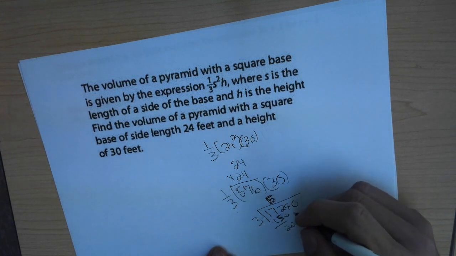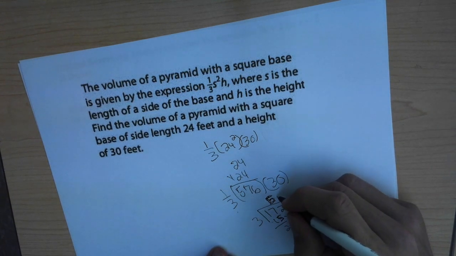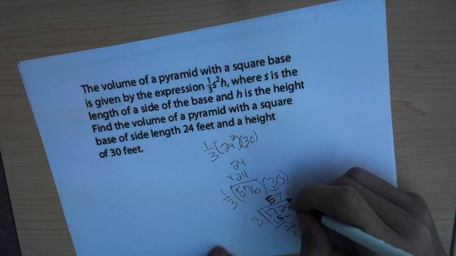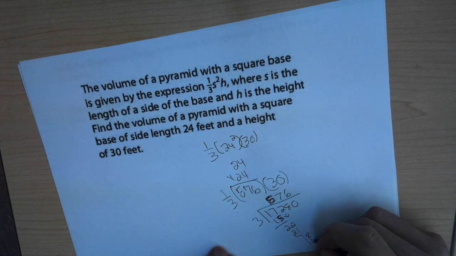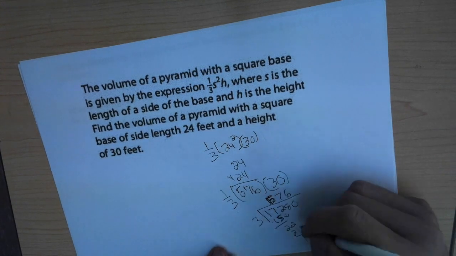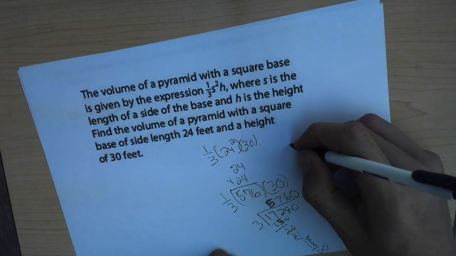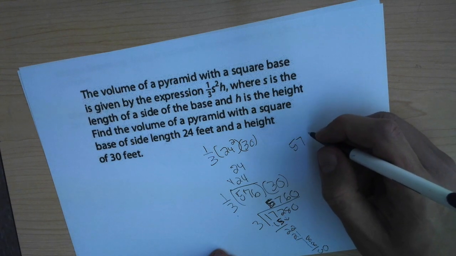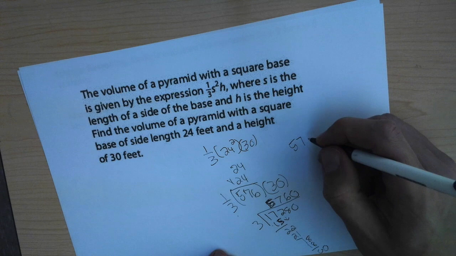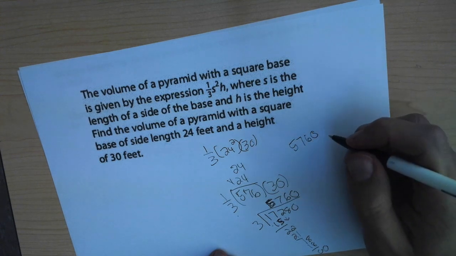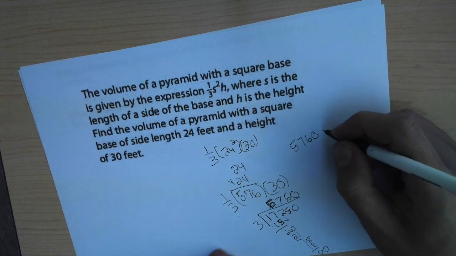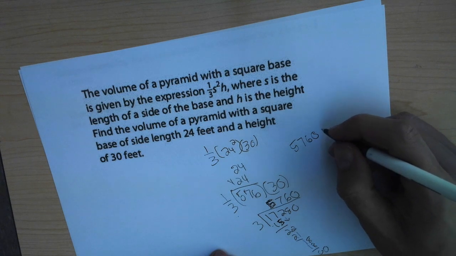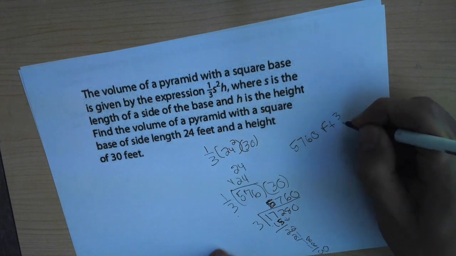I get 22. 3 goes into 22 7 times, I get 21. 3 goes into 18 6 times, I get 18. 3 goes into 0 0 times, I get 5,760. It's been a long day. So it's the volume, and we're talking about feet here, so feet cubed.